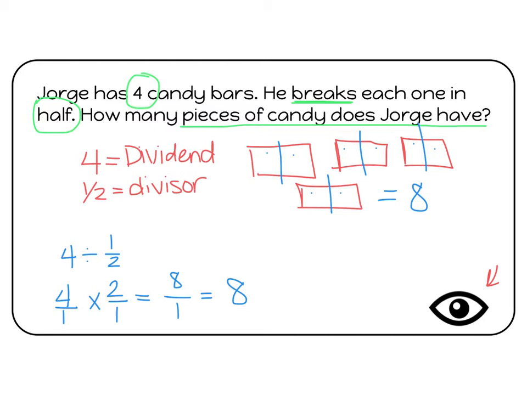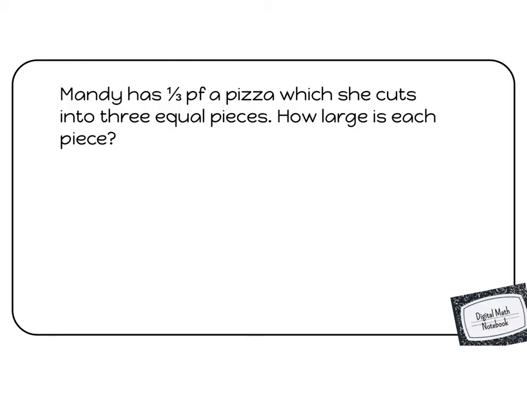Perfect. Let's try one together. All right, you have this problem in your digital math notebook. You also have spaces to fill in the steps. Let's do the problem together. Mandy has 1/3 of a pizza, which she cuts into 3 equal pieces. How large is each piece?